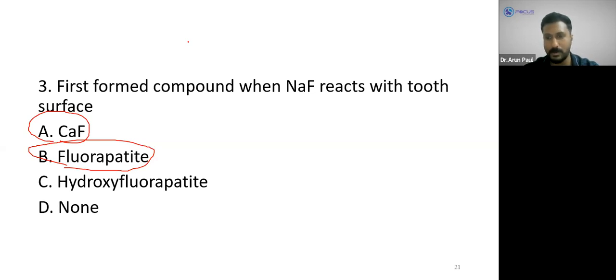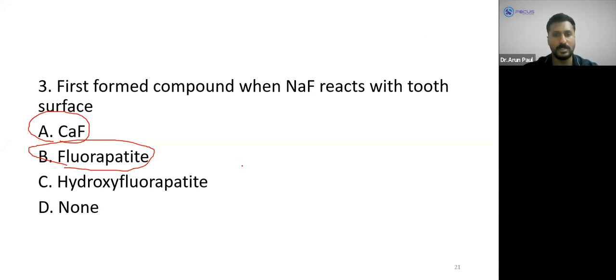Yeah, question number 3. When any fluoride is applied onto the tooth surface, whether it is sodium fluoride or APF, the fluoride comes in contact with the calcium part. You have calcium and phosphate predominantly on the tooth surface. So they come in contact with the calcium and form calcium fluoride.